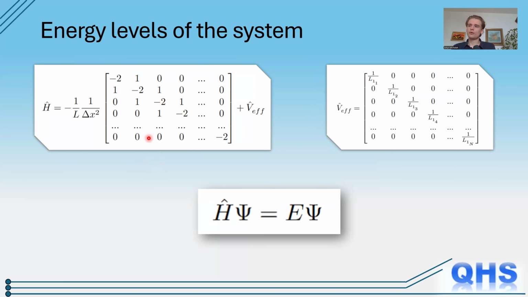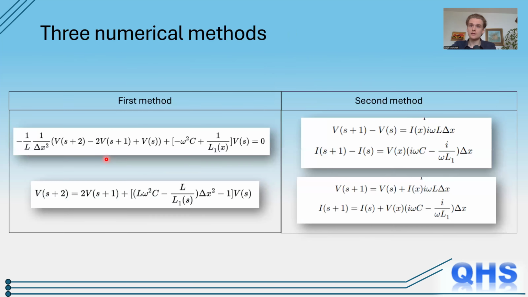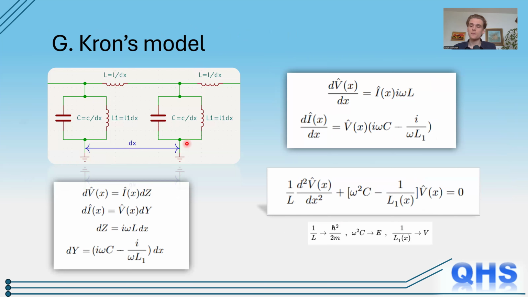On the main diagonal, we place the value -2 with neighboring elements equal to 1, as it's shown. All other elements are just zeros. This comes from Euler's method, which we already used on the previous slides. The matrix has the same number of columns and rows as there are nodes in our Kron's model system.